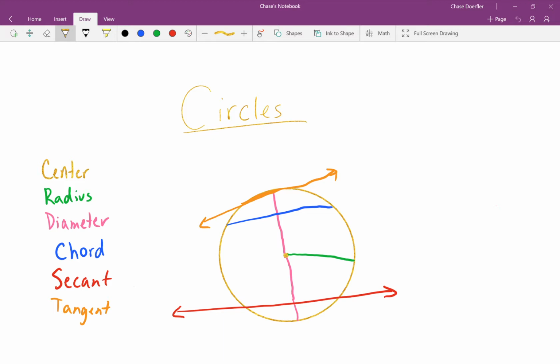And then the last vocab term will be the tangent, which is in orange, and it only goes through 1 point on the circle. And it is, again, in yellow.